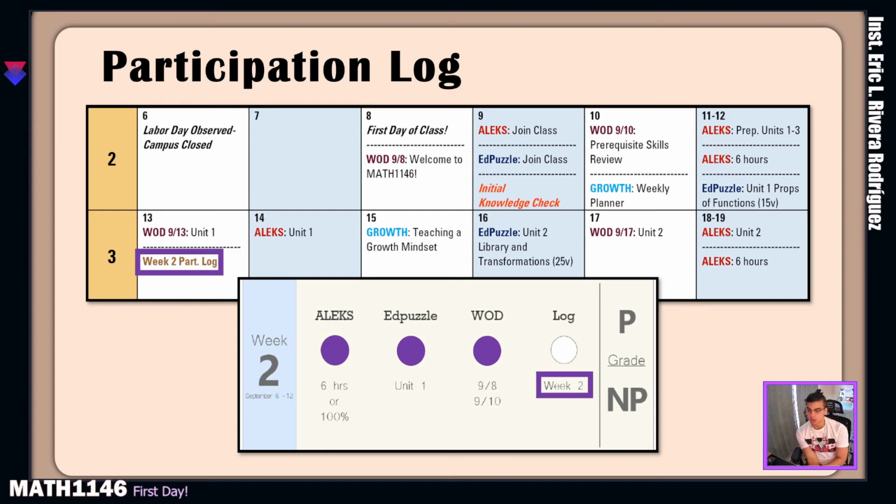Okay, if you follow the entire format and submit it correctly, you are going to mark the log. Obviously you need to mark before you submit, right? So you check mark below log, and then you are going to grade yourself, P or MP.